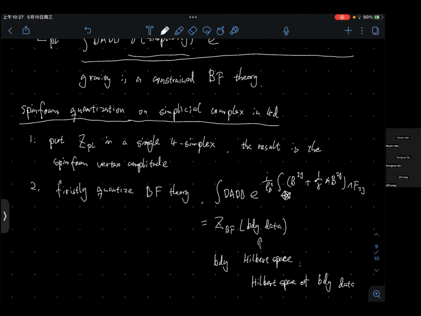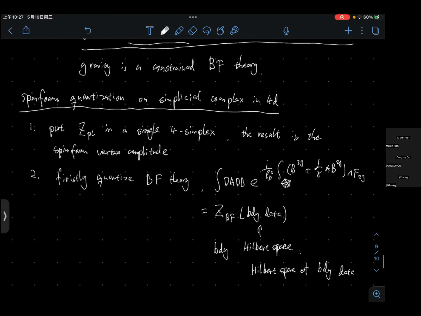So for SU2 BF theory, the Hilbert space of boundary data is just the Hilbert space of spins and intertwiners, which are spin networks. So this is our boundary Hilbert space for BF theory.